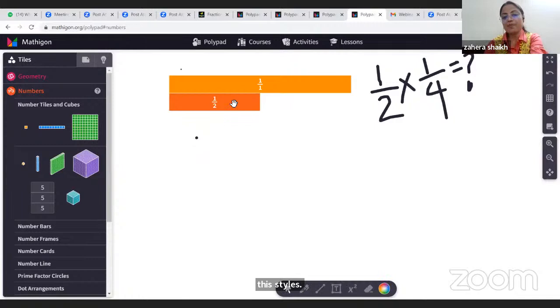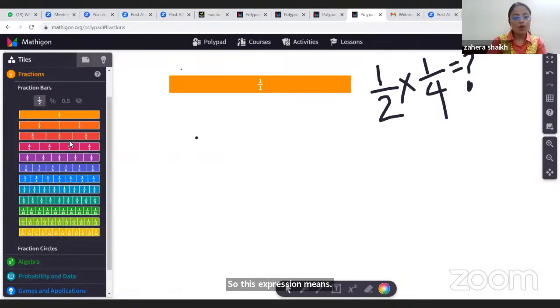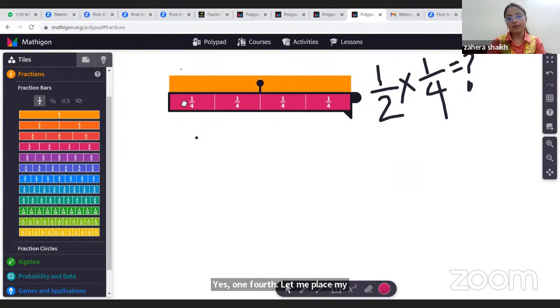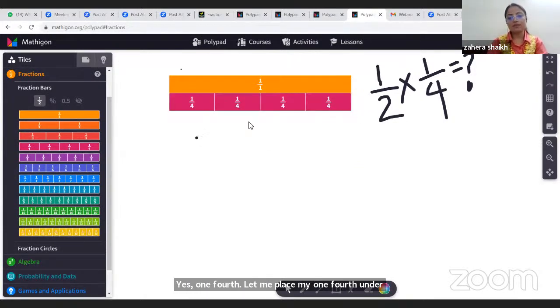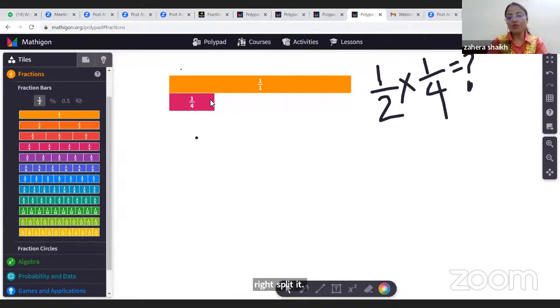So this expression means fraction. Yes, 1/4. Let me place my 1/4 under the whole, right? Split it. And I have to know what the half part of this 1/4 is. It means I have to divide this 1/4 into two equal parts.